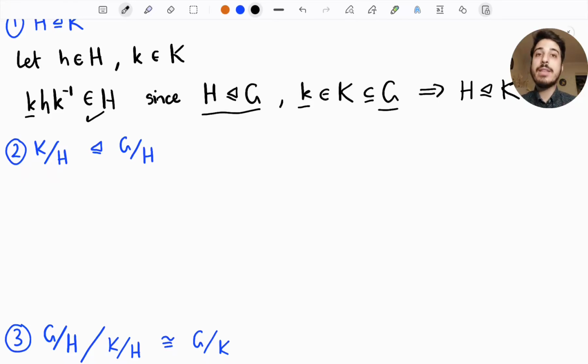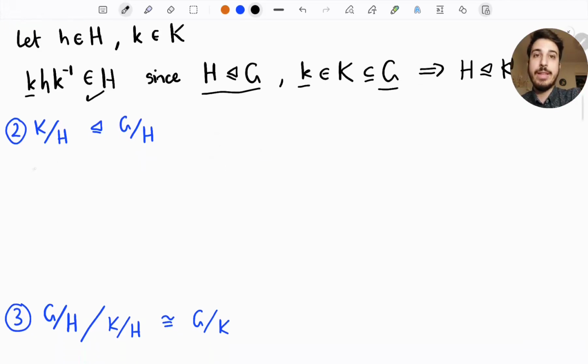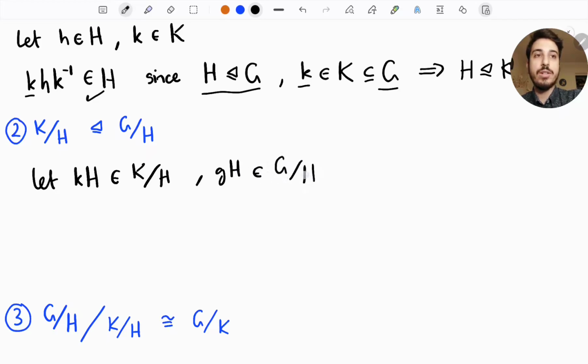Number two, we have that the quotient group K/H is a normal subgroup of the quotient group G/H. The proof is done similarly. Let the coset kH be an element in K/H and the coset gH be an element in G/H. We want to prove that the conjugate of kH by gH is an element in K/H.